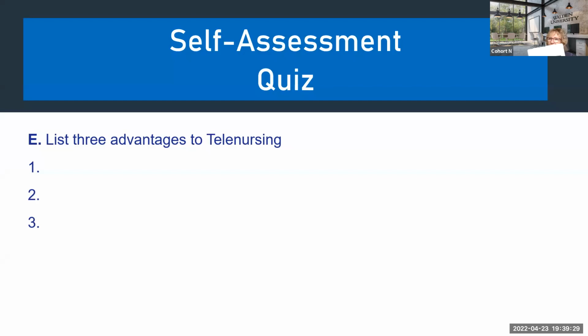Very good responses. Reduces travel time. Yes, definitely. Cost, yes. These answers are good. I really like to see this, yes.